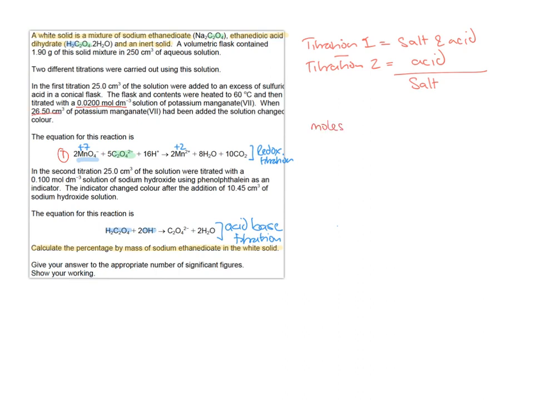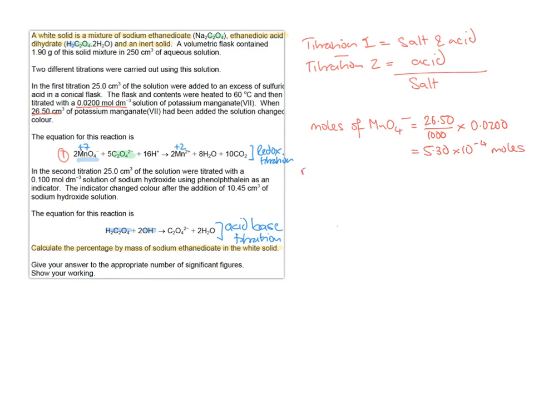So moles of MnO4⁻ equals 26.5 over 1,000, because we've got to put it into decimetres cubed, times the concentration, which is 0.0200. So the number of moles equals 5.30 × 10⁻⁴ moles of the manganate(VII).